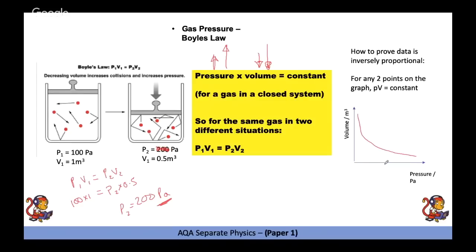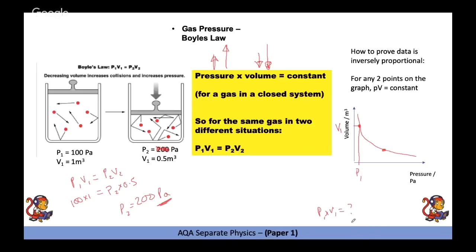Now if they were to show you this data, you can prove that this graph shows an inversely proportional relationship by picking any 2 points on the graph. Make your life easy by picking 2 points that fall on grid lines if you can. If they fall on grid lines, they'll be easier for you to measure. So you pick 2 points on the graph, and now you've got your V1 and P1, and you're going to do P1 times V1, and that will give you a number.